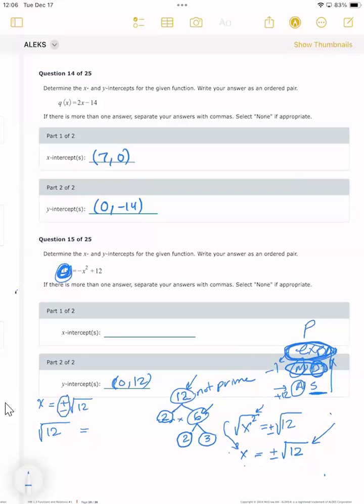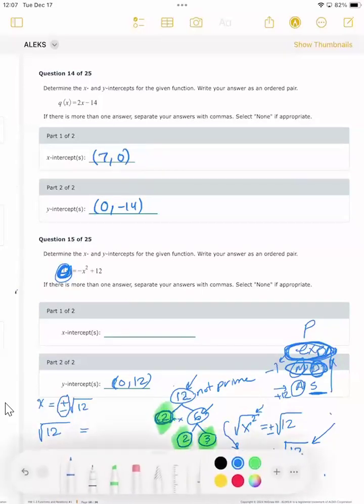6 can be written as 2 and 3, so we don't call it a prime number. But 2 is called a prime number because you can't factor 2. 3 is a prime number. You can't factor 3. So you start with the number and break it into little pieces until you can't factor them anymore. The bottom of the branch: 2 is the bottom of the branch, this 2 and this 3.